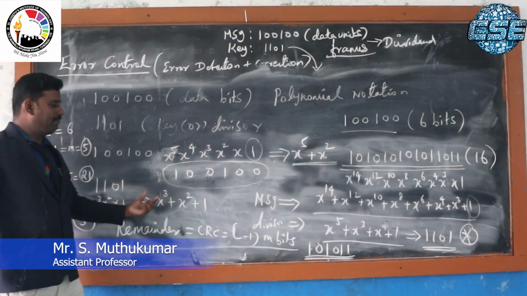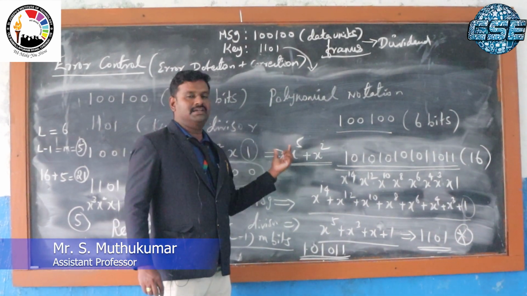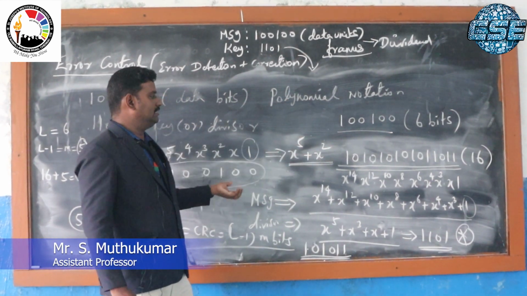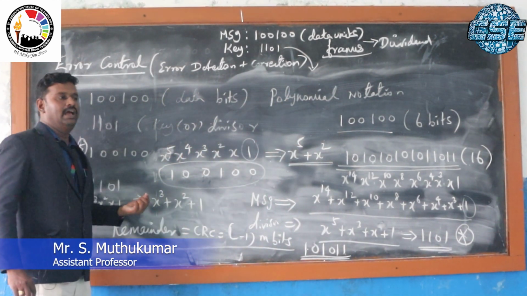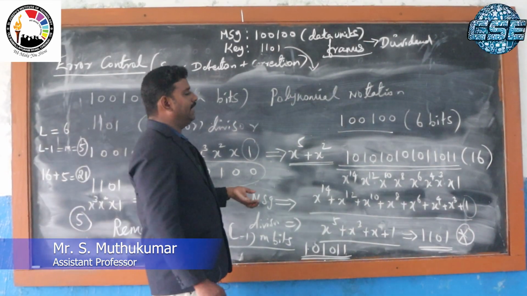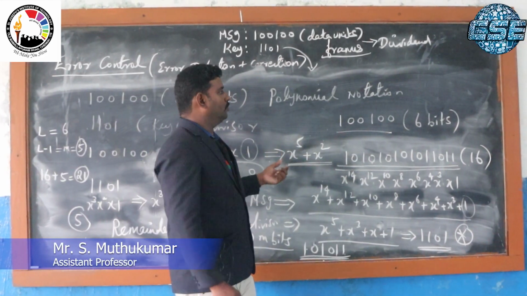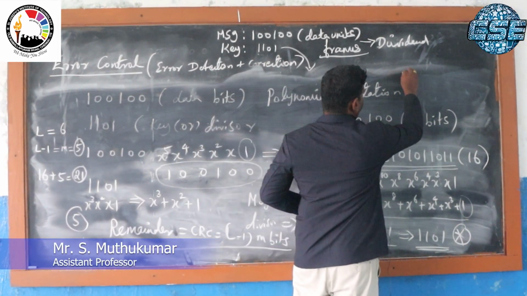Then we get the remainder value, add that remainder to the message and pass it to the receiver. The receiver takes the message plus CRC and applies the binary division. If you get any remainder, then there is an error in the transmission. You should get the remainder as 0.